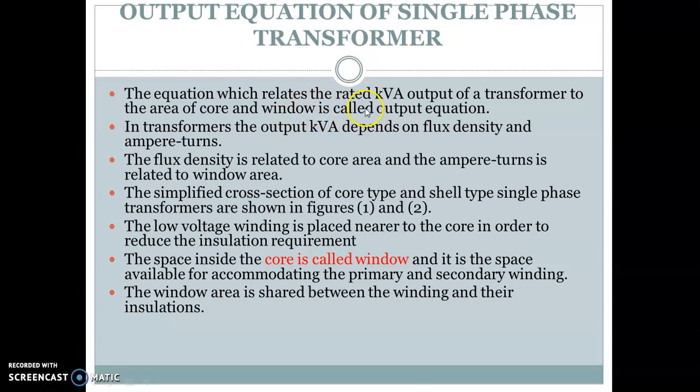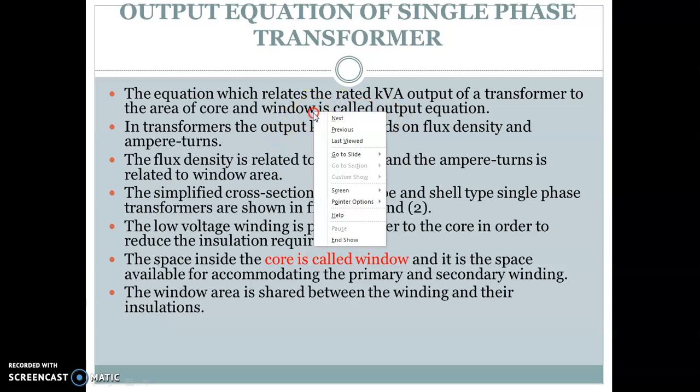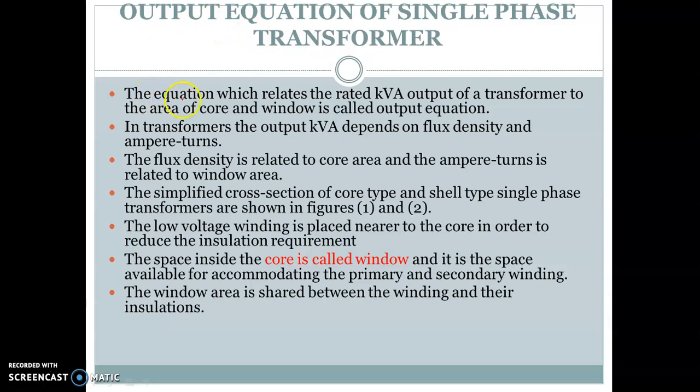The equation which relates the rated kVA output of a transformer to the area of the core and window is called the output equation. This equation we will derive later.